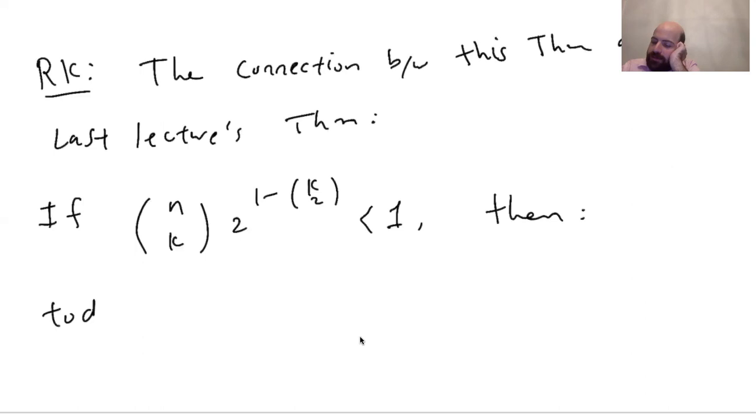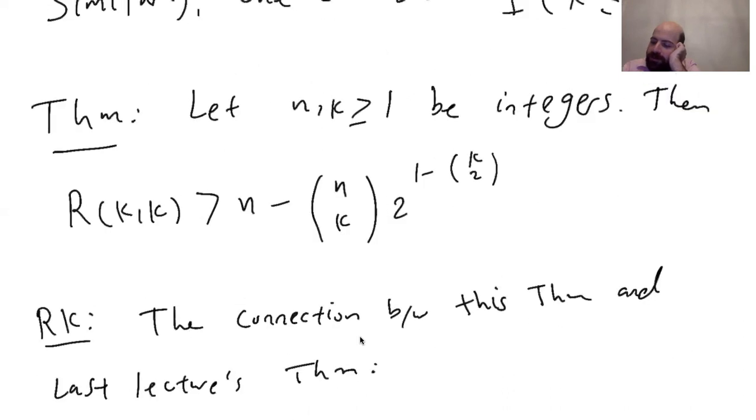so today's theorem, by today's theorem I mean the theorem above, implies, what does it imply? Now see, if this number here is less than 1, then I can say that capital R of k and k is bigger than n minus something less than 1.